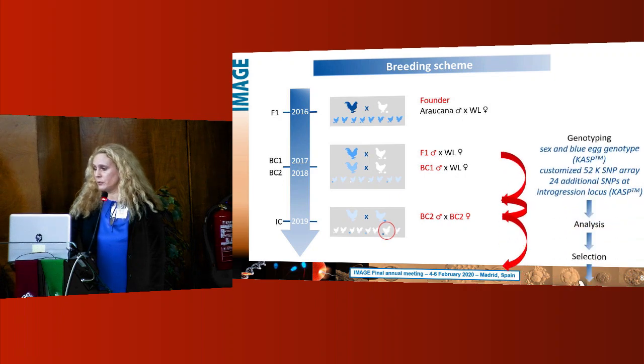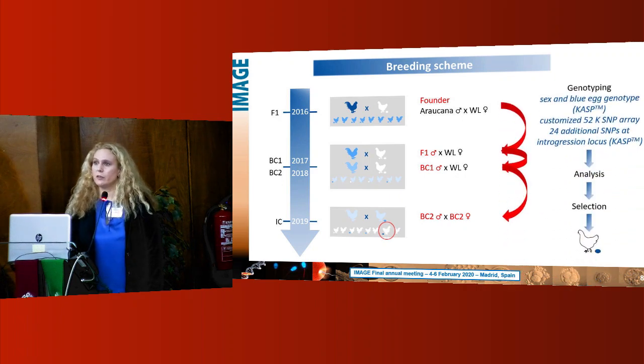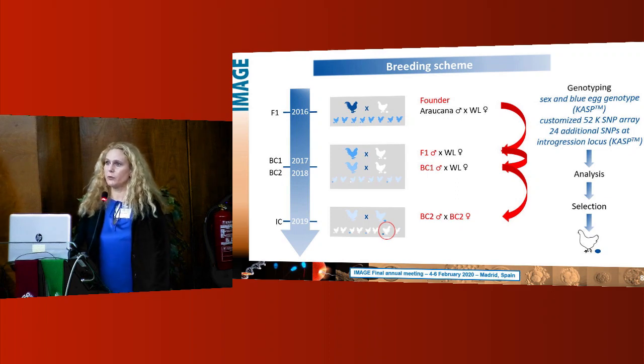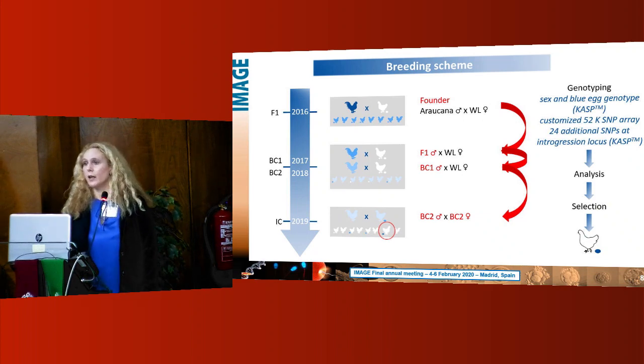To be able to do selection, all animals in our case study were genotyped for their sex and the blue egg genotype by newly developed CASP, this means competitive allele-specific PCR assays.